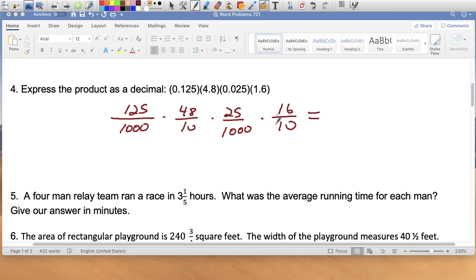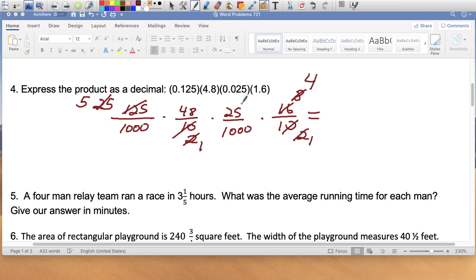Well, let's simplify whatever we can. So let's do this one: divided by 5 is 2, divided by 5 is 25, divided by 2 is 1, divided by 2 is 8, divided by 5 is 2, divided by 5 is 5. Just gotta be careful. Divided by 2 is 1, divided by 2 is 4.